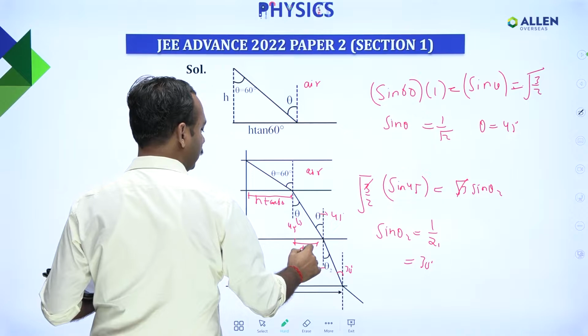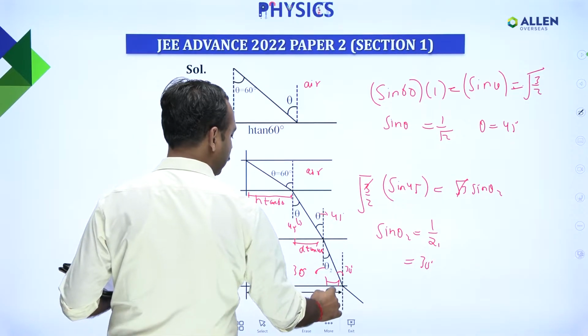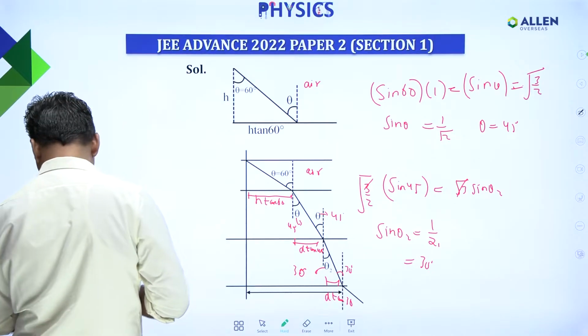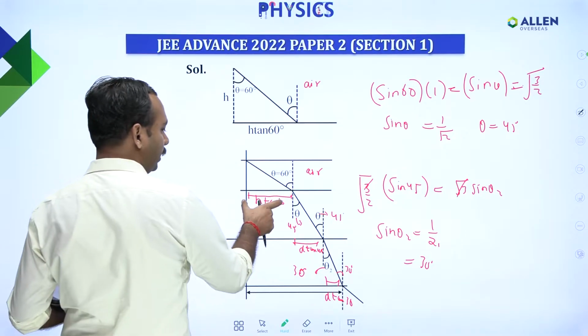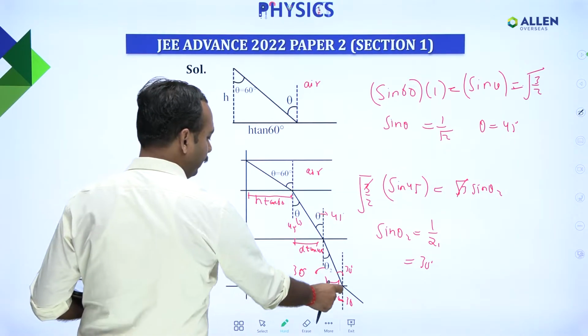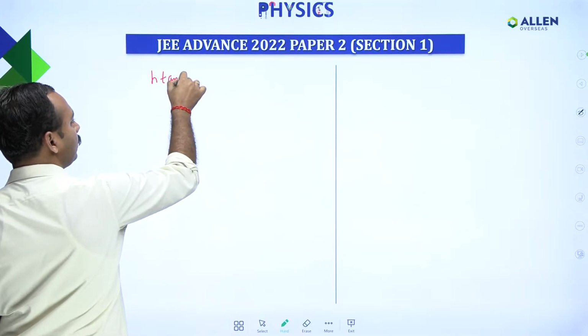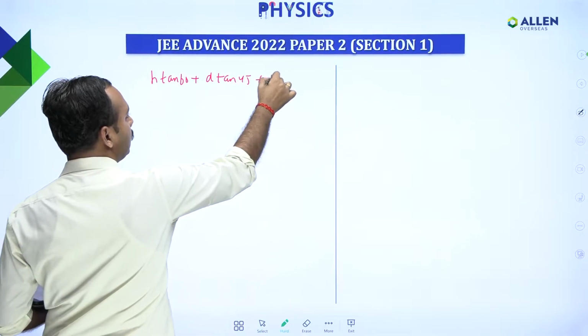So this will be D by cos 45, and this section will be D by cos 30. Clear to all, people? And if you solve it further, what's the total length? H by cos 60, D by cos 45, D by cos 30. So if you write H by cos 60 plus D by cos 45 plus D by cos 30.